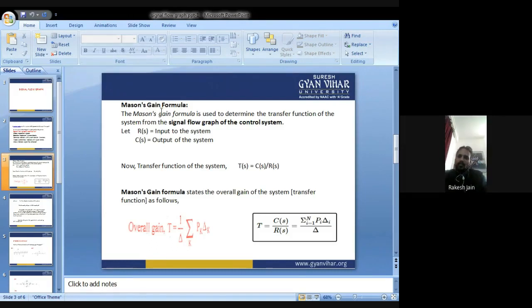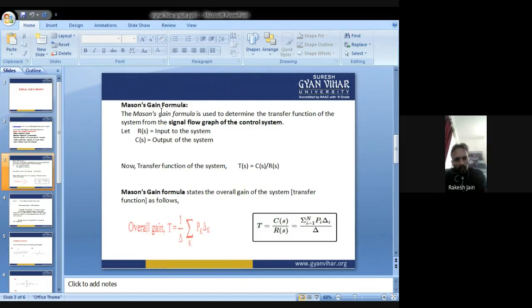So k will be a numeric value that shows how many forward paths there are. Once we find the number of forward paths, the formula will be converted into a new formula. For example, if you find only one forward path, then the formula for transfer function is C(s) upon R(s) equal to T1 delta 1 upon delta only.